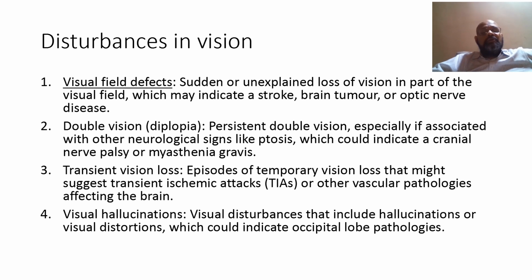Patients might present with double vision, which is binocular, which requires neurology input. They may have persistent double vision, especially associated with neurological signs such as ptosis, which could indicate either a cranial nerve pathology or even a neuromuscular junction disorder such as myasthenia.